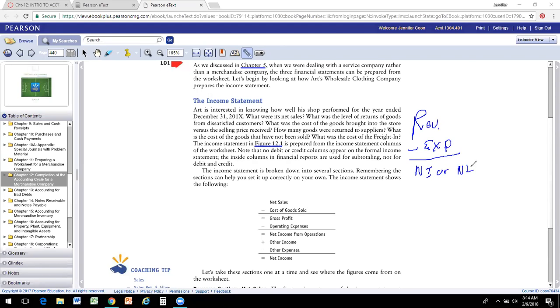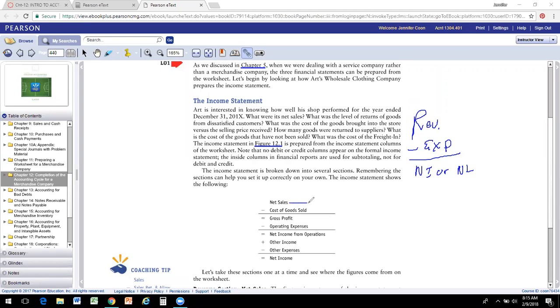So now, as you can see, we come down here and we're expanding upon our income statement. Now, instead of just revenue, we're going to call it net sales. So you got to remember what makes up net sales from last chapter.